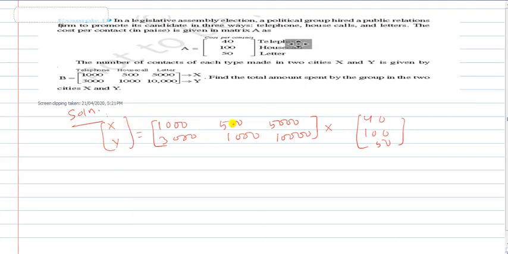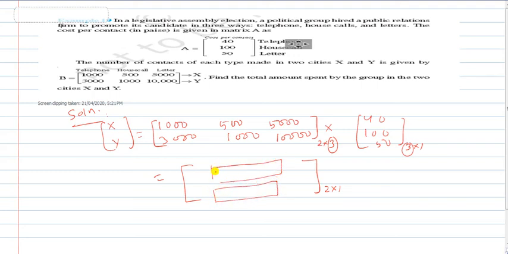So cost of X will go along the first row and cost of Y will go along the second row. So here this is matrix 2 cross 3, and this is a matrix with only 3 rows and only 1 column, and these two are equal, so the resultant will be 2 cross 1. 2 cross 1 means there will be 2 rows and only 1 column.